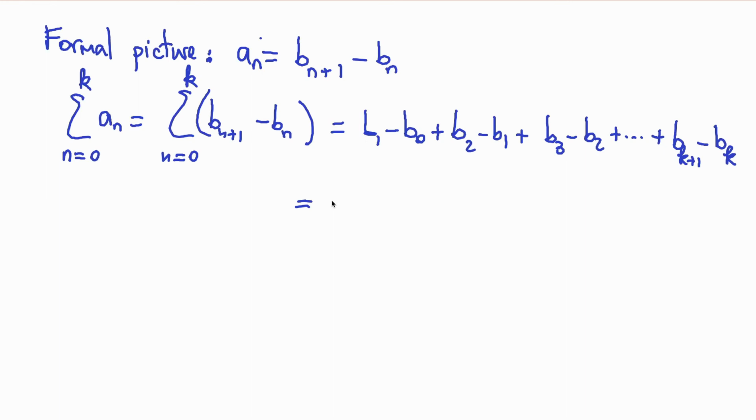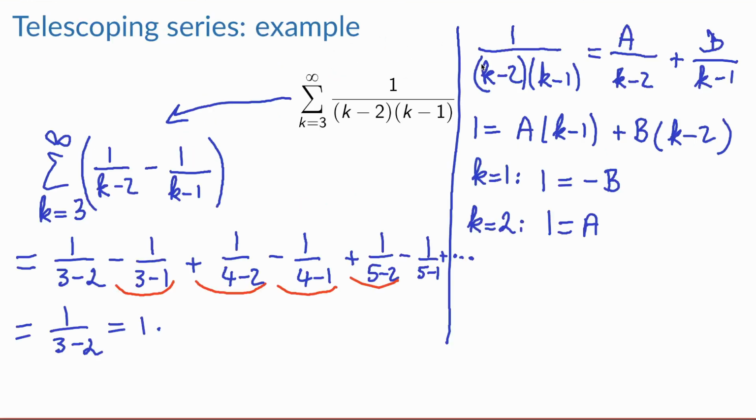I believe at the end we get minus b_0 plus b_(k+1). So that's an example of what's going on in a telescoping series. In practice, of course, the tricky part is identifying this alternative sequence b_n. But that's precisely what we did in this example when we did the partial fraction decomposition.